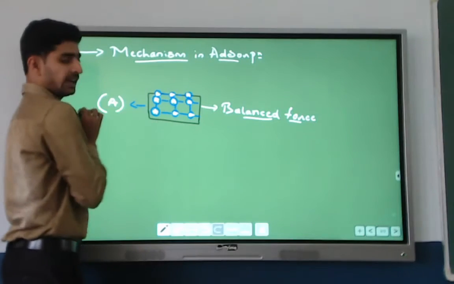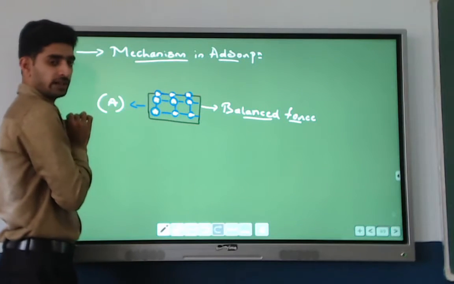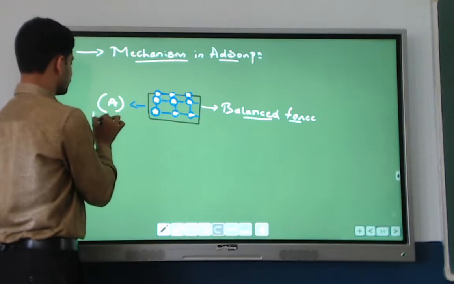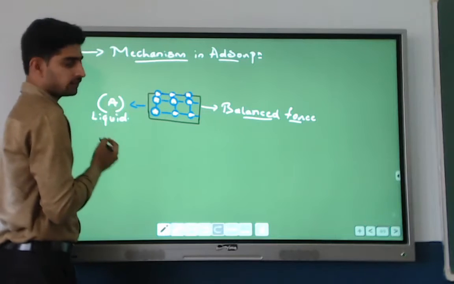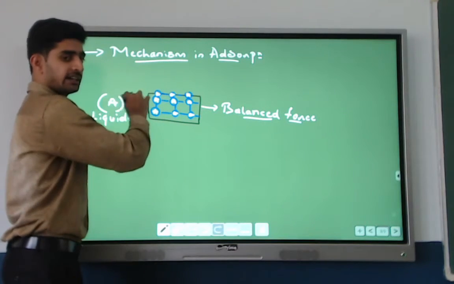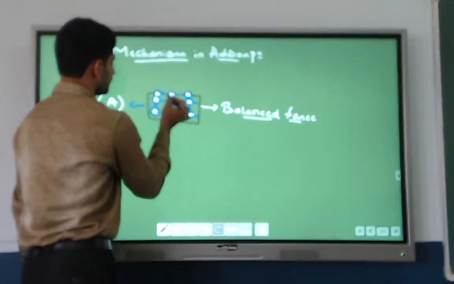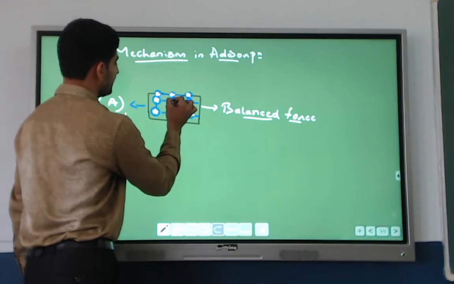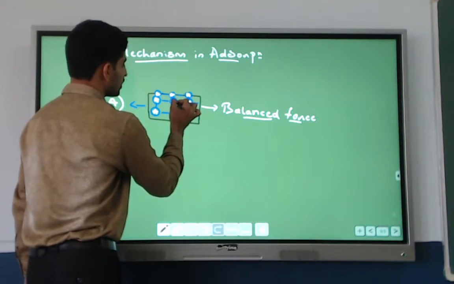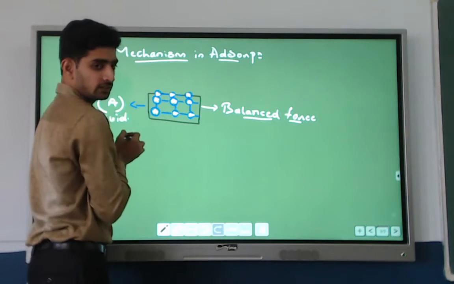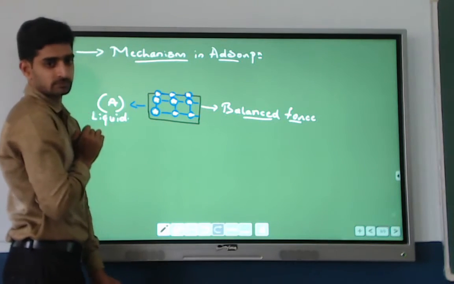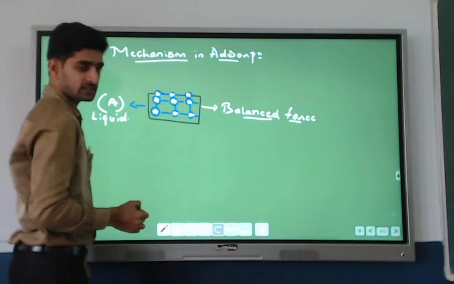See, this is liquid A. In this, A molecules will be inside and some on the surface. Inside, an A molecule is surrounded with the same type of molecule. That means A is surrounded with A only in all directions. So there will be a balanced force.